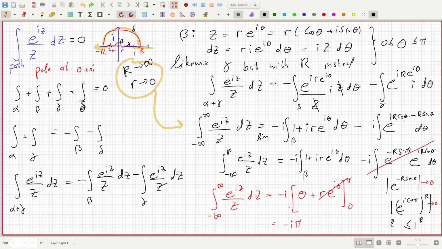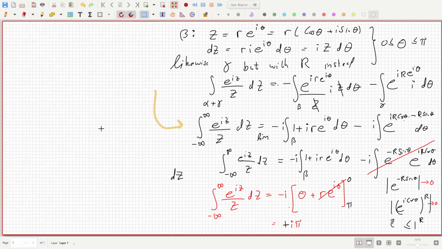Didn't I? Yeah, because if, for example, we start here and go around like this, the angle actually goes the other way, pi to 0. So that would be plus i pi. But that's my mistake. Okay, now I've corrected that. So we should be good to go. Okay.